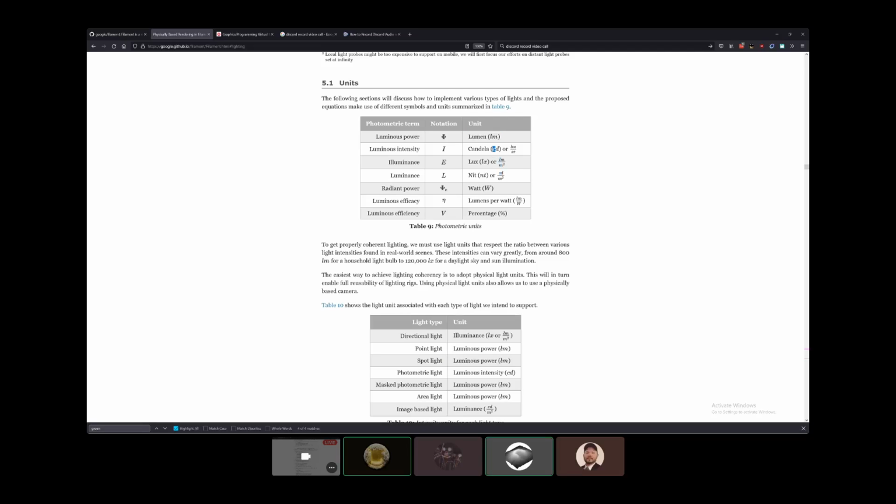CD, or candela. SR is like surface area or something. Solid radian, I think. Steradian, something like that. So it's 3D, solid angle. This is like linear versus rotational. That's fun.